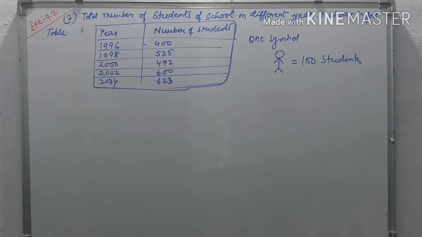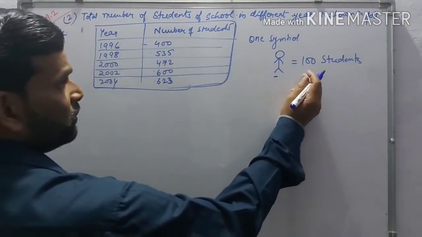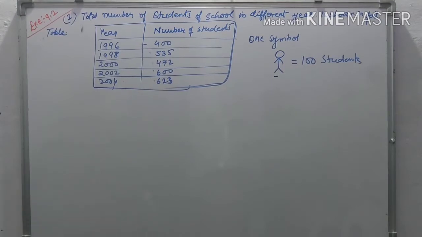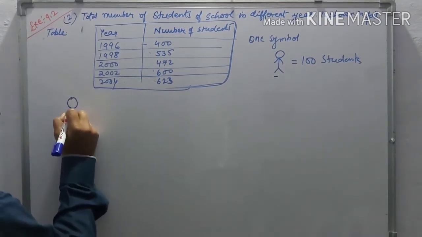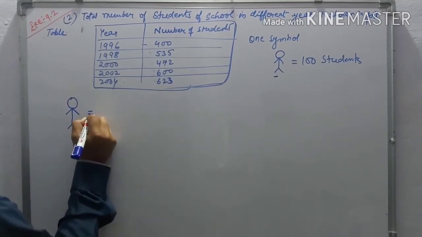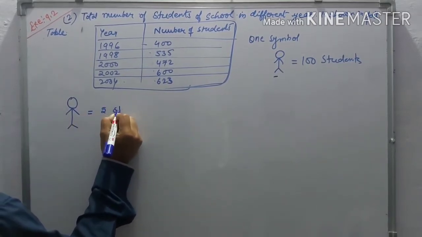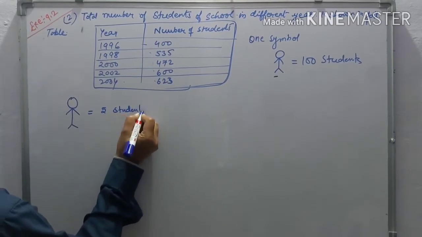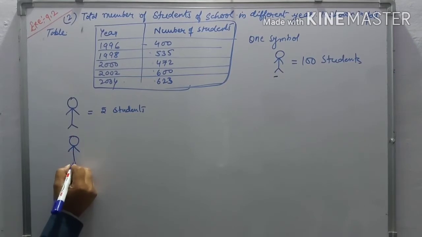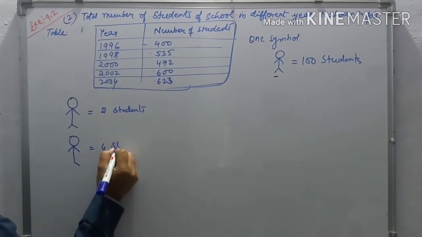It asks that this type of symbol will be used for 100 students. So first we will compare the symbol. This is 5 students. Suppose you have 4, this is 4 students.